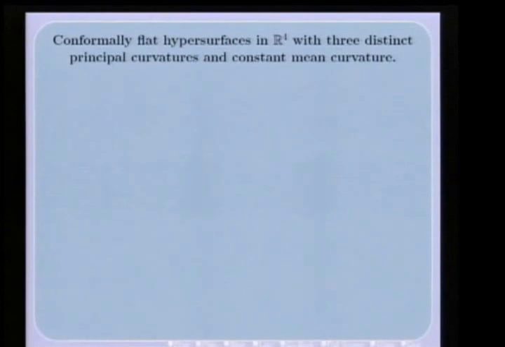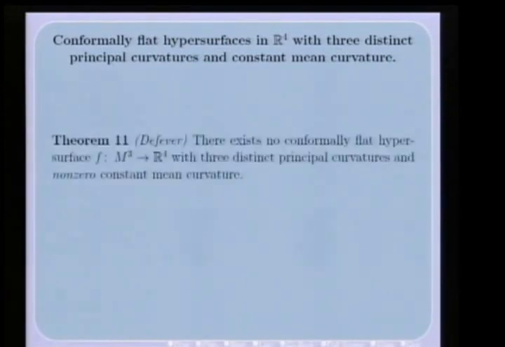This was in part motivated by a result by Defebvre, who proved that such hypersurfaces do not exist if the mean curvature is non-zero in Euclidean space. So we felt it was a good test for our previous result, at least if you could give a simpler proof of his theorem.